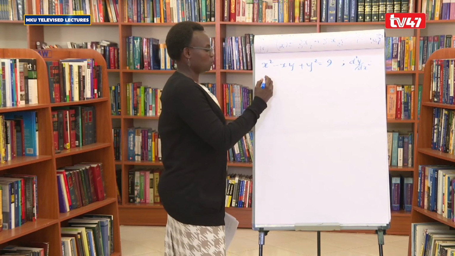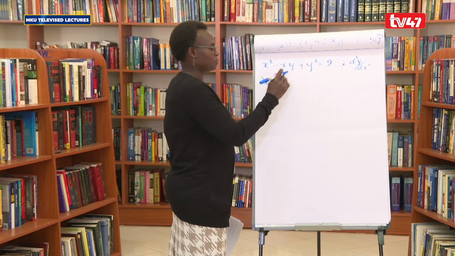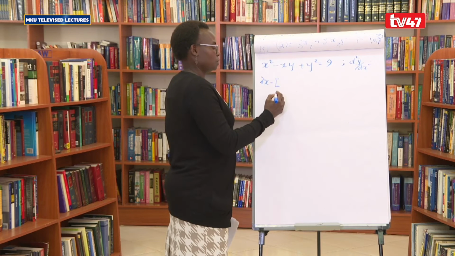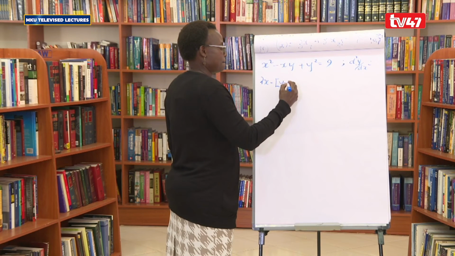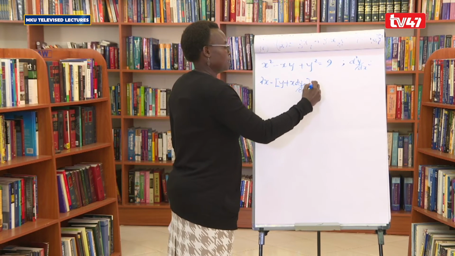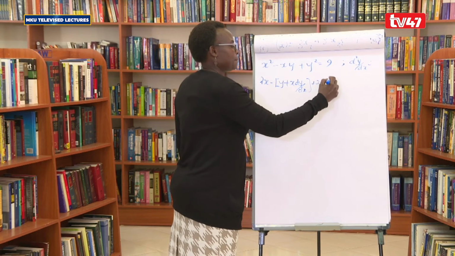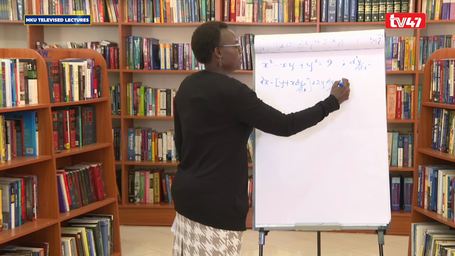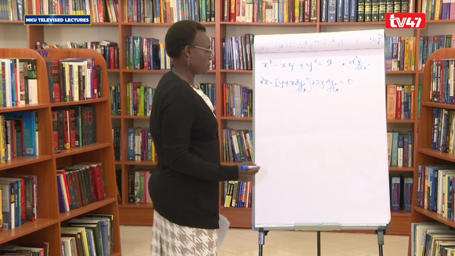So this will give us 2x minus, this is a product, so that will give us y plus x dy over dx, and then plus 2y dy over dx is equals to 0.